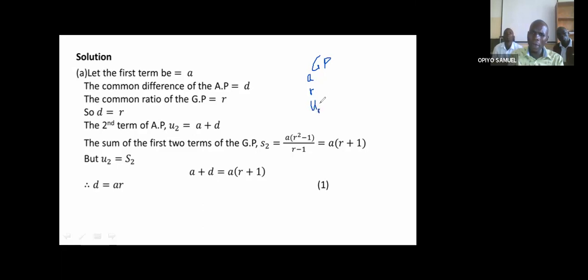I can still denote it by Un, which is given by a times r to the power n minus 1. Meanwhile, the sum of the first n terms for GP, denoted also by Sn, will be given by a open bracket r to the power n minus 1. Let me make corrections there.